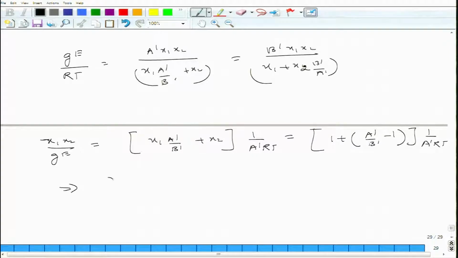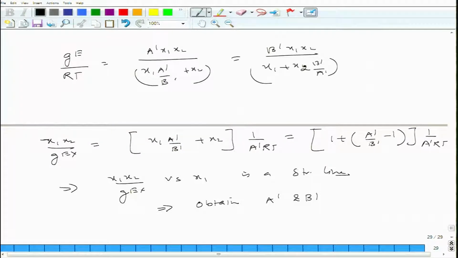So, what this suggests is that x1 x2 by GE, or GX, it is the same nomenclature in this course, versus x1 is a straight line, and if you have the data available, this expression can be used to obtain A dash and B dash. This is what it tells you.